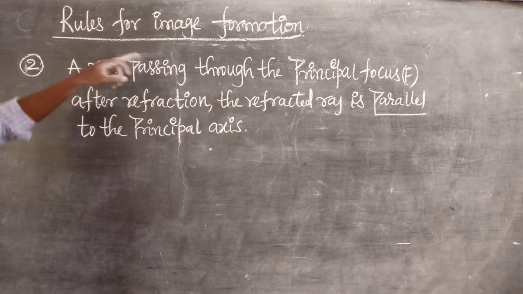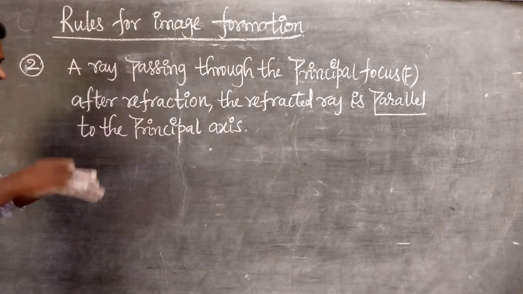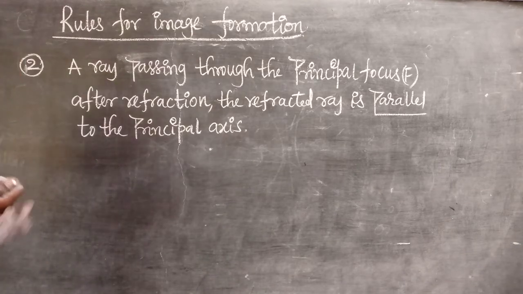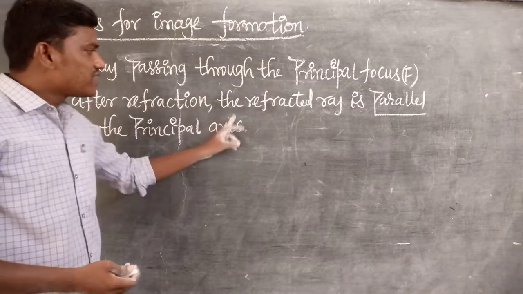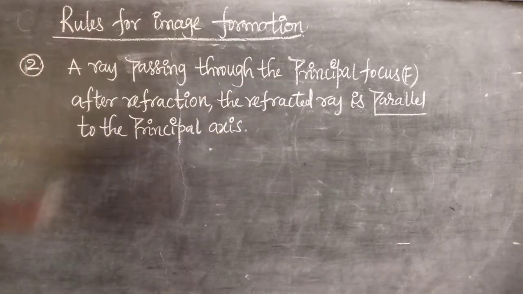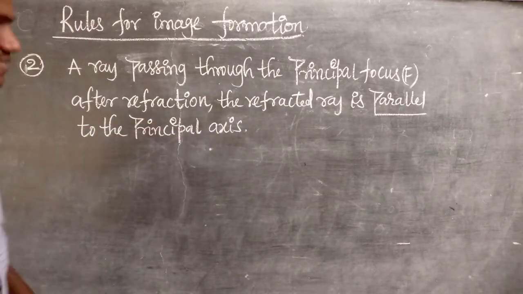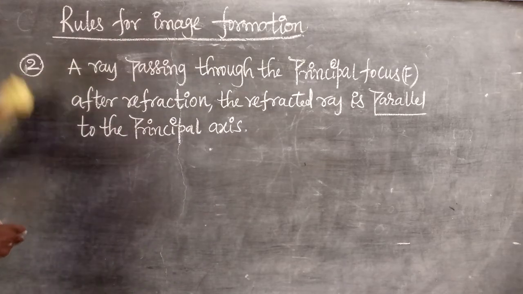A ray passing through the principal focus, that is, initially the incident ray passing through the principal focus, after the refraction, the refracted ray is parallel to which one? Principal axis. It is the reverse of the previous one.